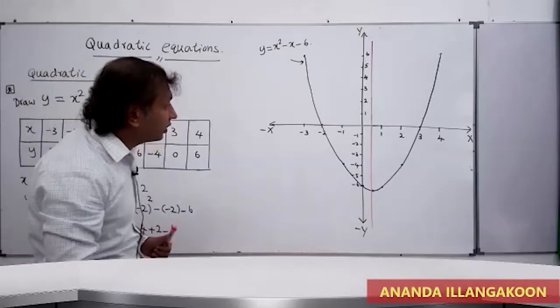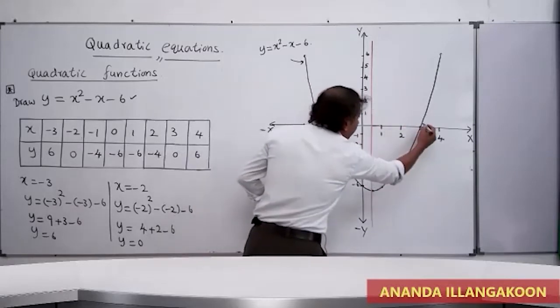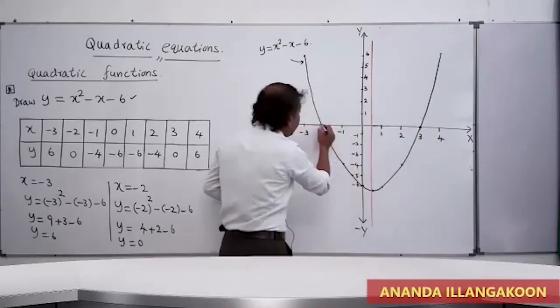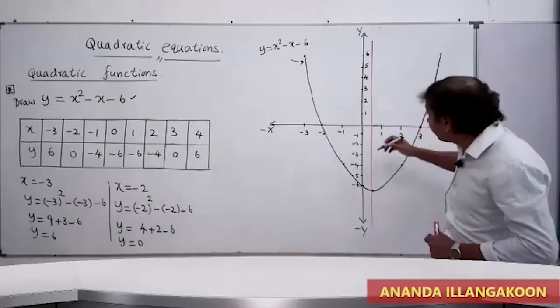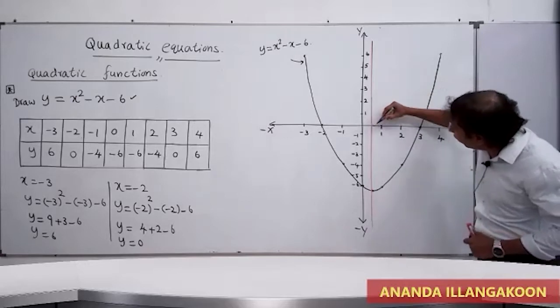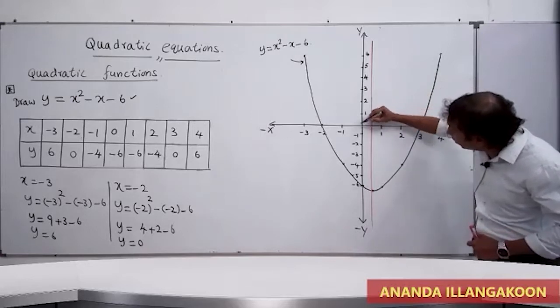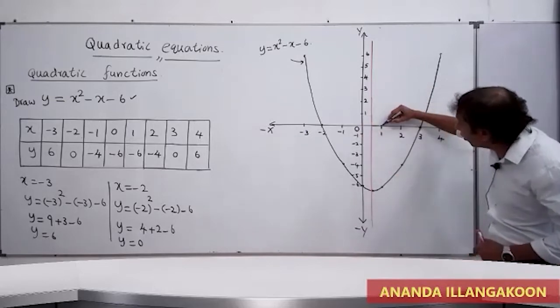You can very clearly understand the graph cuts the x-axis here and here. This line is going between 0 and 1, exactly at the midpoint. This is the origin, x is 0 here, and here x is 1.